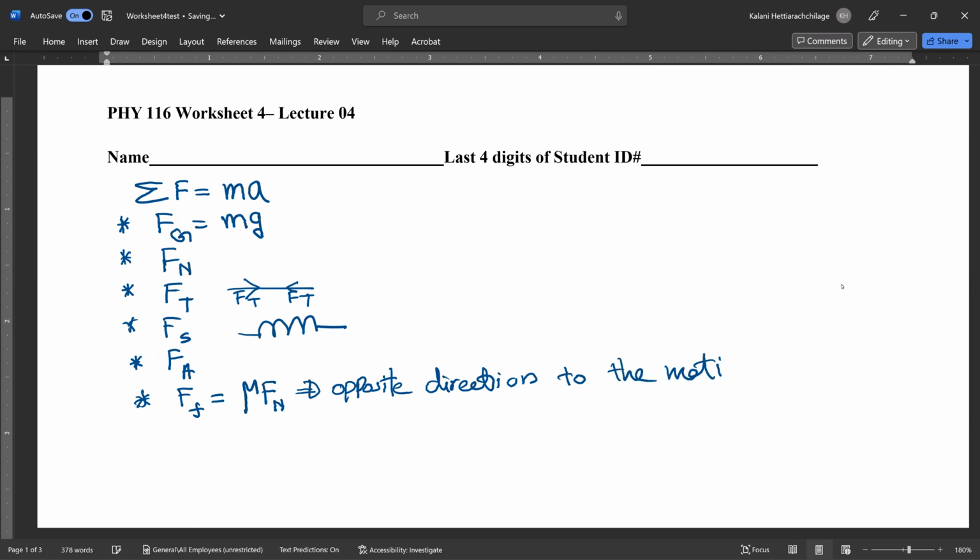Okay, so after we worked with Newton's second law in this lecture, we moved into elasticity, right? That is actually important, because when you apply a force, the object can deform, stretch or compress.